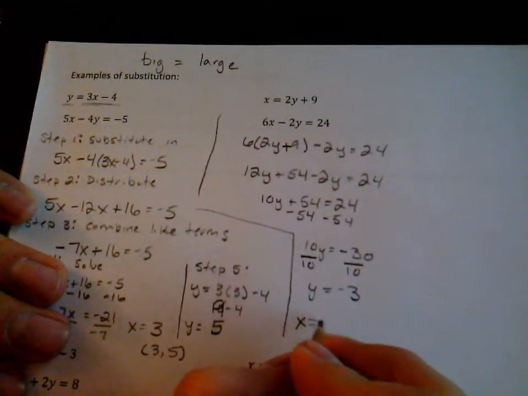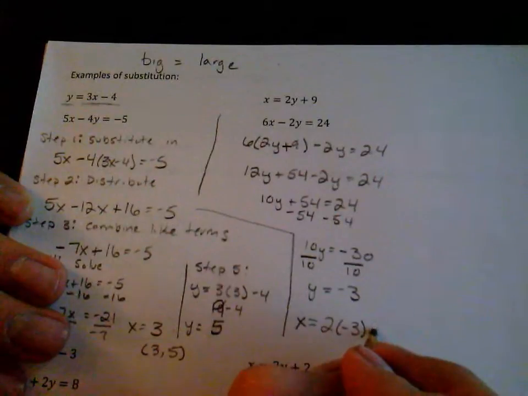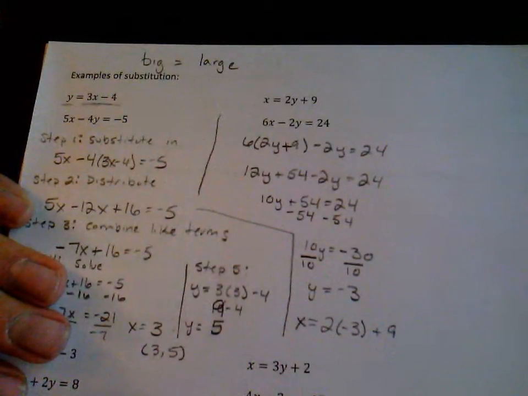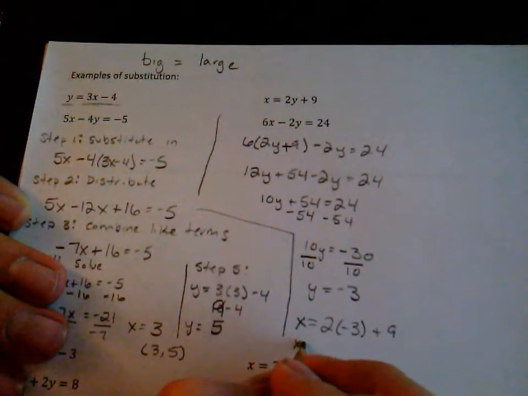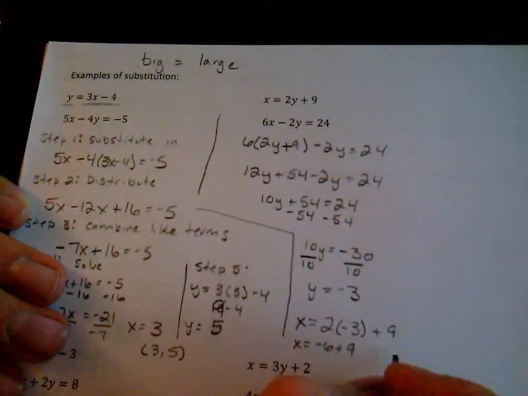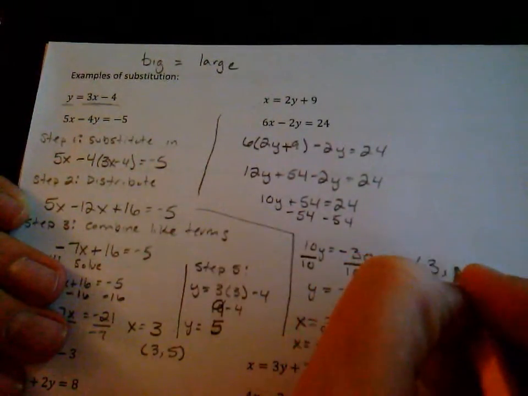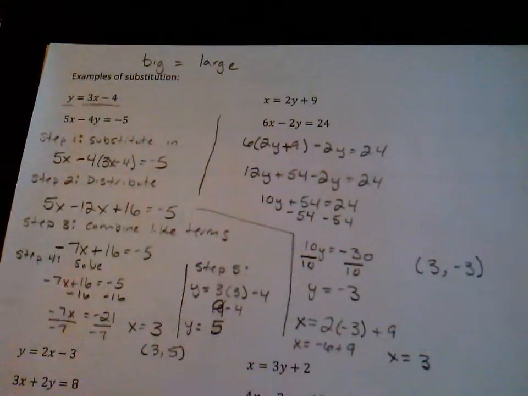So x equals 2 times negative 3 plus 9, or x equals negative 6 plus 9. Finally, x equals 3. So the answer here, if we write this in parentheses, would be (3, negative 3). That is the point at which these two lines would intersect.